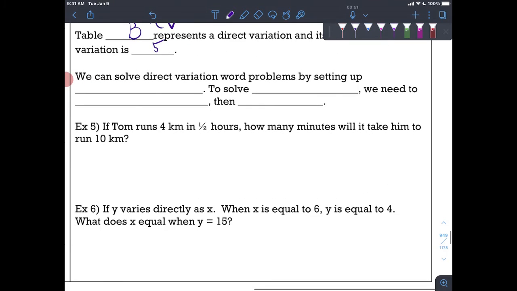Now, these direct variation word problems and solving for them is kind of a tricky business, but that's okay. It is something very simple.